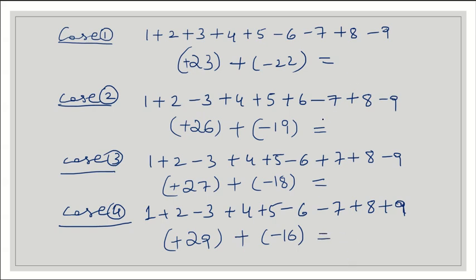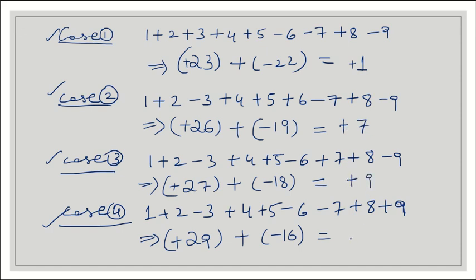See children, this is the short way of thinking, without writing much about these cases. Here I will have plus 1. Here I will have plus 7. Here I will have plus 9.